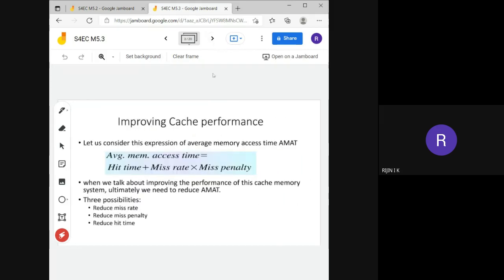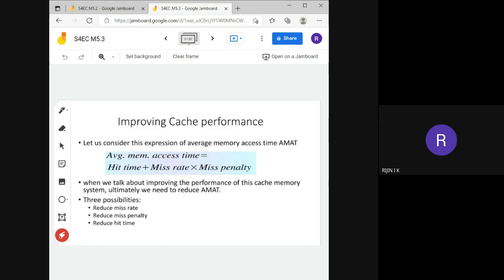Then the next topic is improving cache performance. How will we improve the cache performance? For discussing cache performance, first we can see the average memory access time in the cache memory.